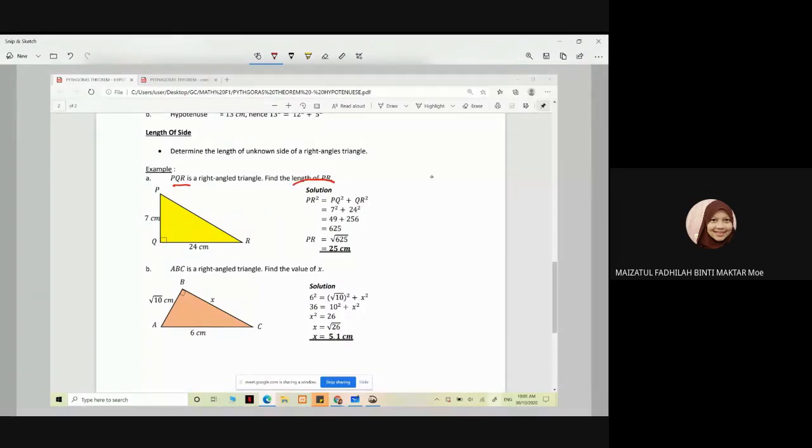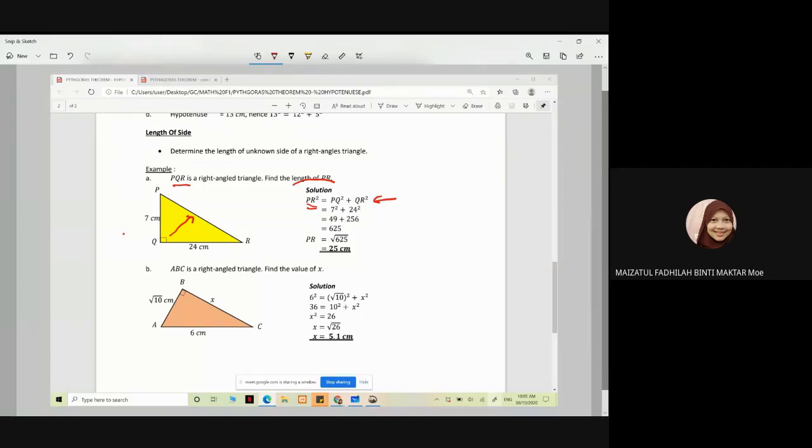PR is the hypotenuse, because we can see from the diagram PR is the longest side, and it is also opposite the small square marking the 90 degree angle. So PR is the hypotenuse, so directly your formula is: PR square equals PQ square plus QR square.